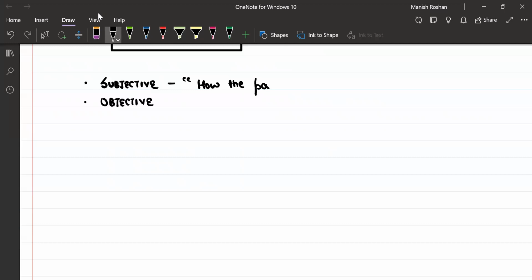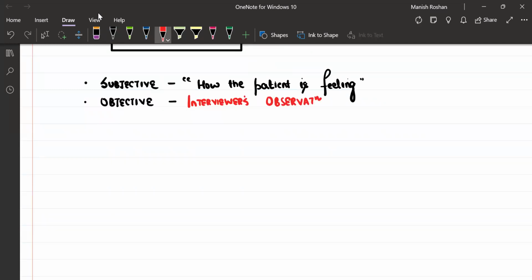Always write subjective based on how the patient is feeling at the moment of interview. Objective is the interviewer's observation. So subjective and objective, you have to write it like that.